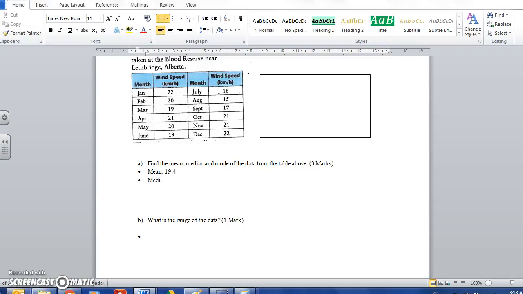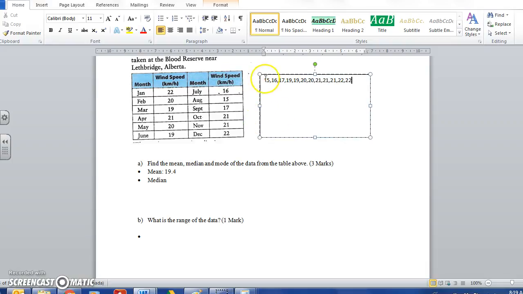My median, well, I need to put them in order for that. So if I list my numbers out here, 16, 17. And you need to be careful when you're doing this that you do not miss any numbers, or that will skew your data. 21.